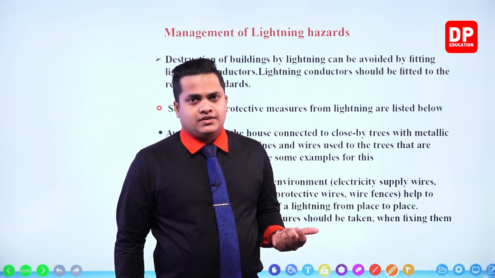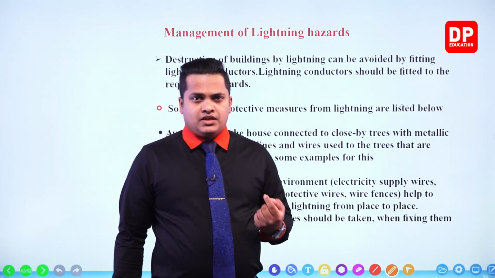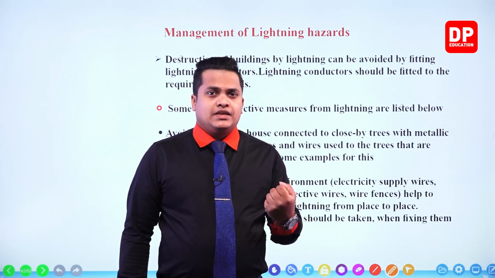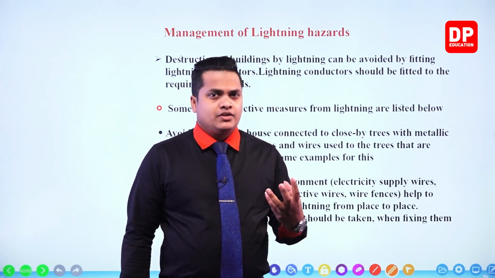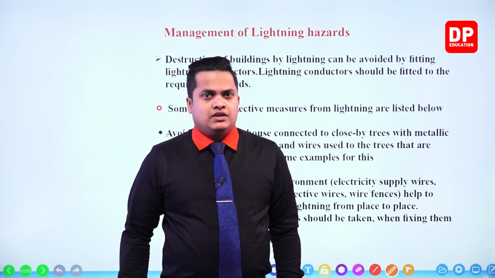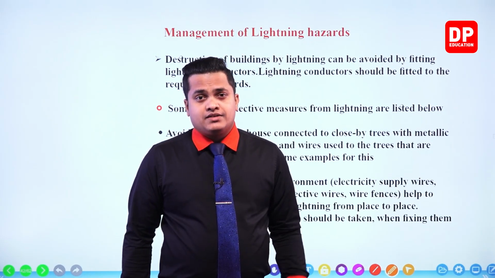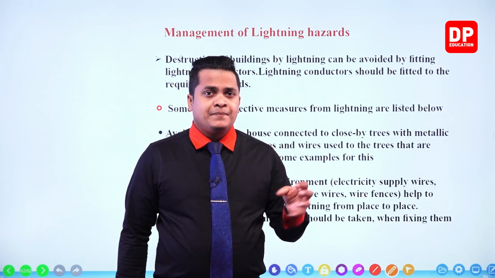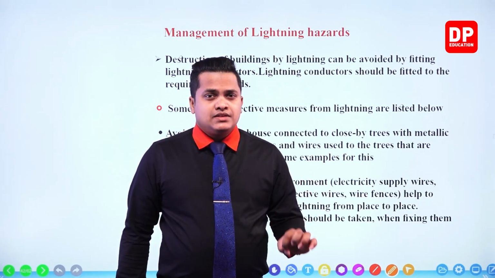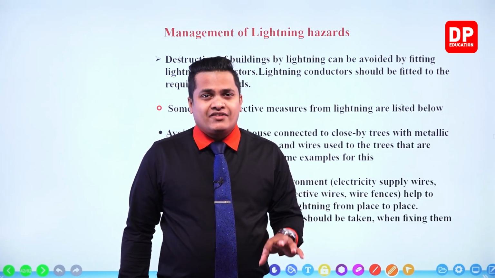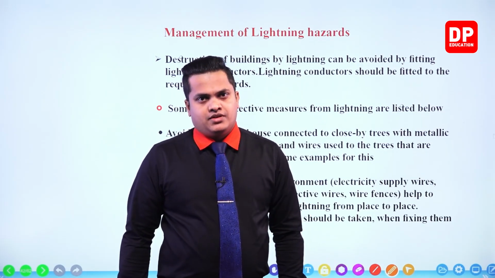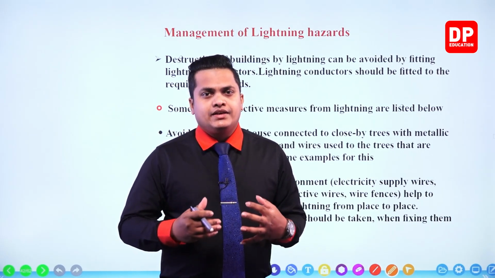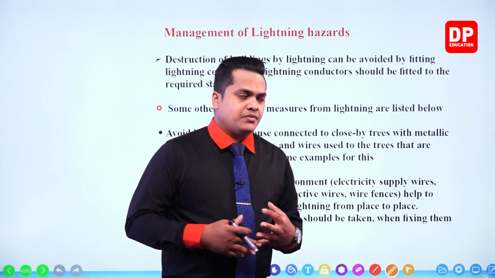So the best way to protect a building from lightning strokes is fixing a lightning conductor to the standards. These conductors attract lightning strokes as they are made of metal, and finally, through wires, the electrical charges are grounded. That's how we can save the building by using the lightning conductor.